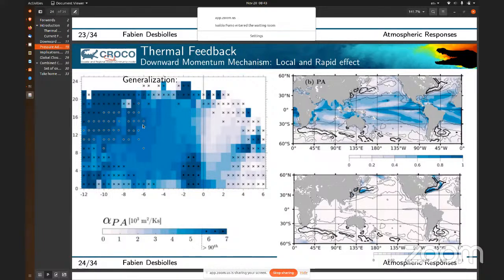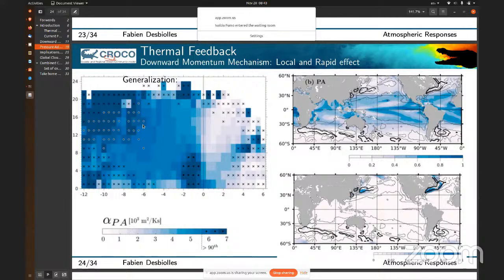So what does that mean, the blue shade over the negative values? Yes, that means that for a very, very unstable air column, so a very negative air-sea temperature difference and strong winds, the pressure adjustment is actually efficient.